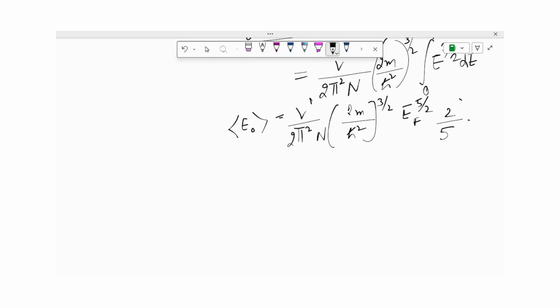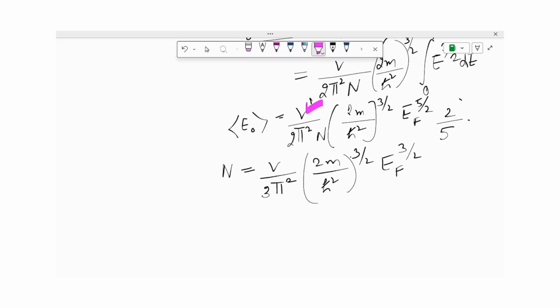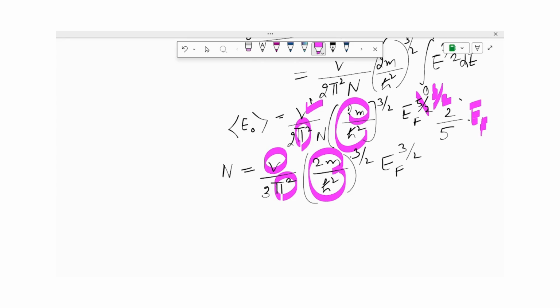So we know what N is. The expression of N is V over 3 pi square, 2m over h cut square to the power 3 by 2, EF to the power 3 by 2. So V over pi square, 2m over h cut square, and 3 by 2 from the 5 by 2, so I'm left with one EF here. So these terms, I need a 3. So what I'll do, I'll multiply with 3 and I'll divide by 3.